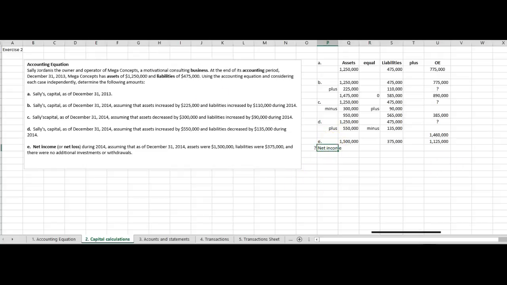What is net income? Well, if the only things that affect owner's equity are either investment, and it says there were no further investments, or withdrawals, and it says there were no withdrawals, that leaves the change between the beginning retained earnings and the ending retained earnings. We began with this, we ended with this.